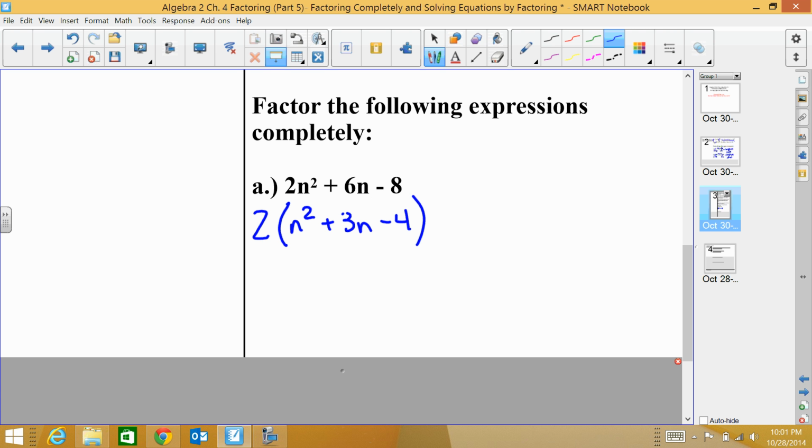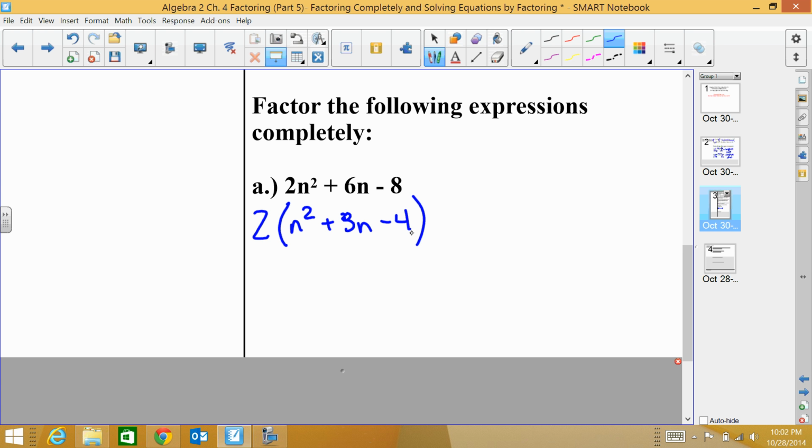Okay, step 2 was to check for a special pattern like difference of squares or a perfect square trinomial. Well, this is definitely not a difference of squares because there's 3 parts. And if I check for a perfect square trinomial, it could be, but I think this one would be easier to just try to factor like normal.